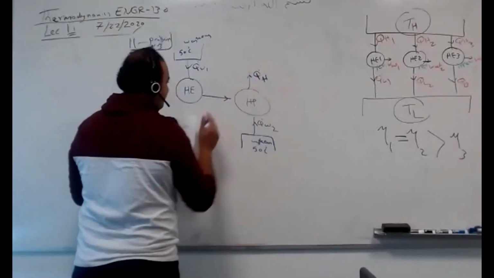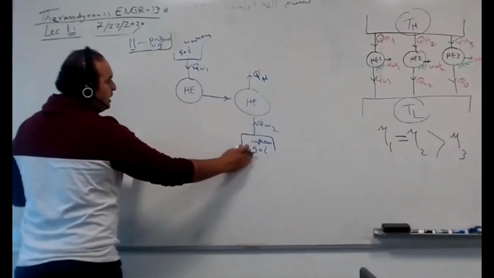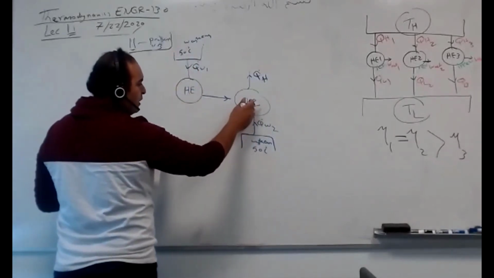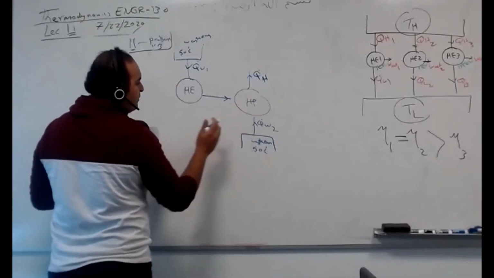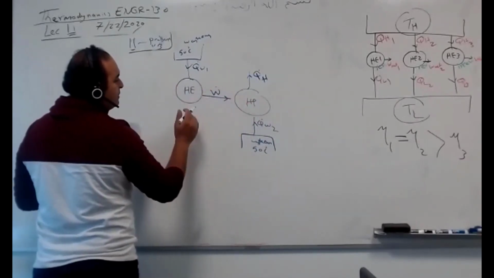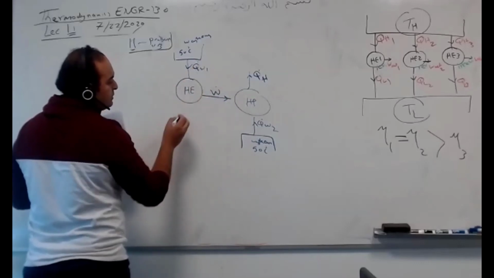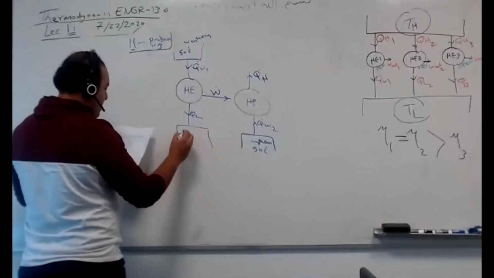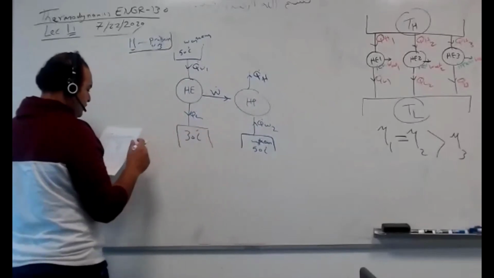So here we have Q dot high. That's what we want. So this waste energy will drive the heat engine and also supply energy to the heat pump. So this W out here is W in here. So this W, we call W dot. We have here also Q low, which is going to go to 30 Celsius. We don't care about it.